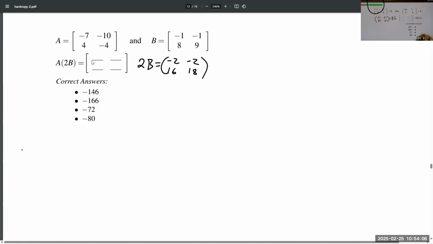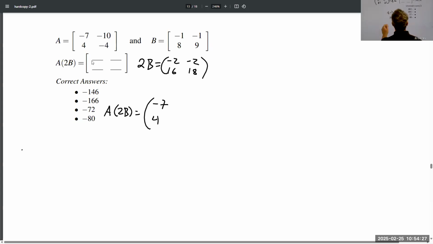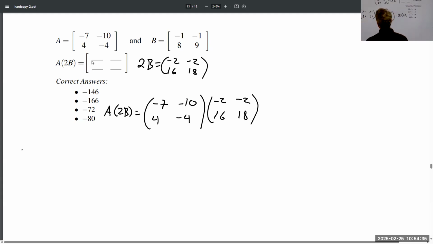Now, what's A times 2B? A times 2B would equal -7, 4, -10, -4, -2, -2, 16, 18.